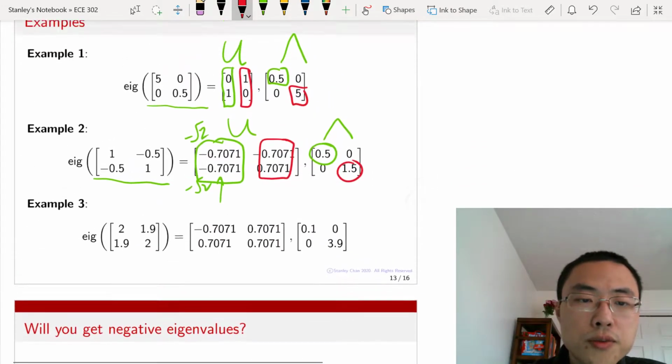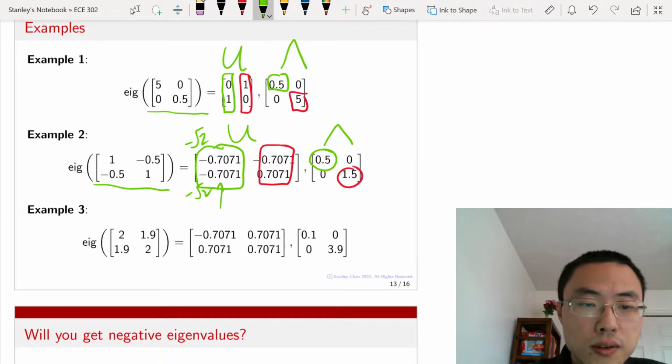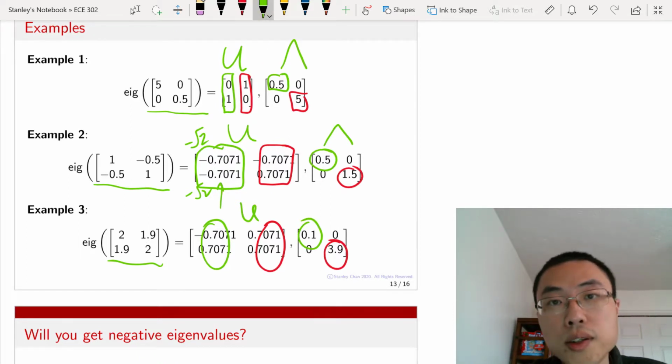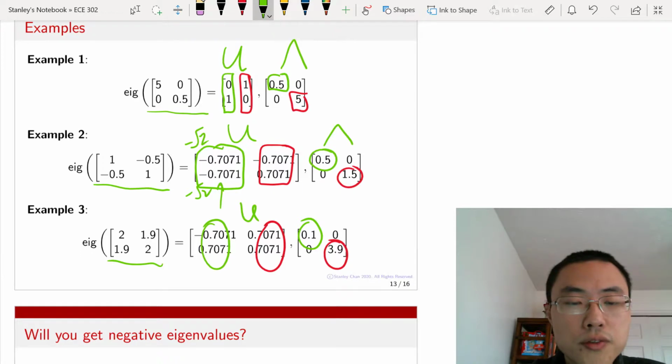Okay, so let's move on to the third one. This is almost the same principle. So you have an A matrix here. This is your U. This is the first column of the U matrix, and then the second column. And then this is the second eigenvalue, this is the first eigenvalue. And so you ask, what is the direction of this first vector?